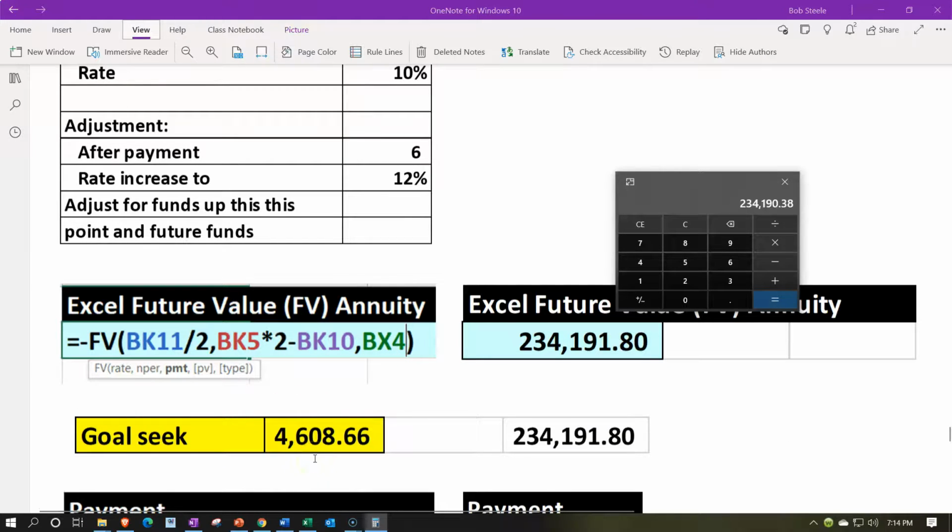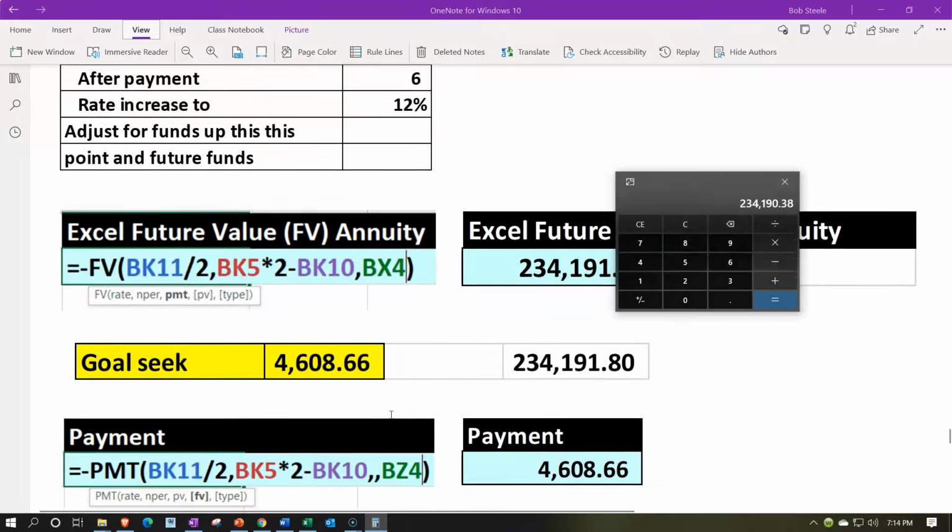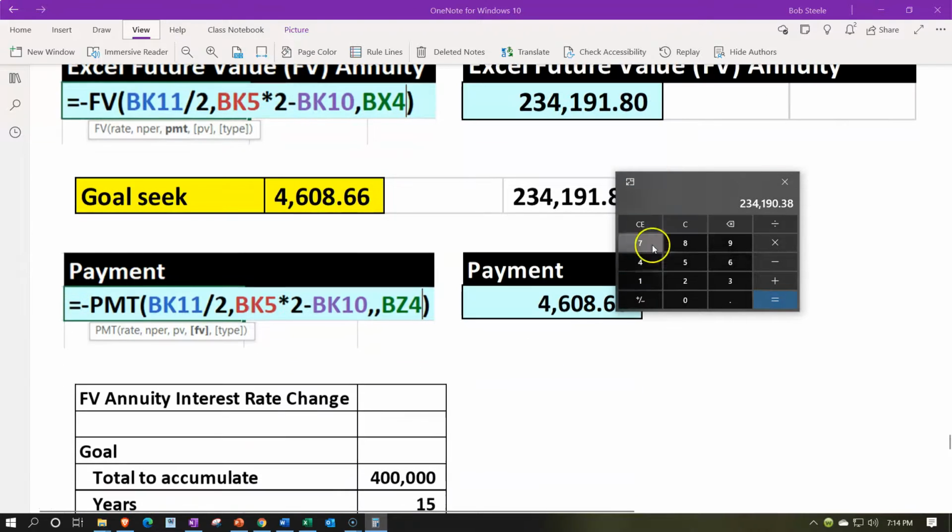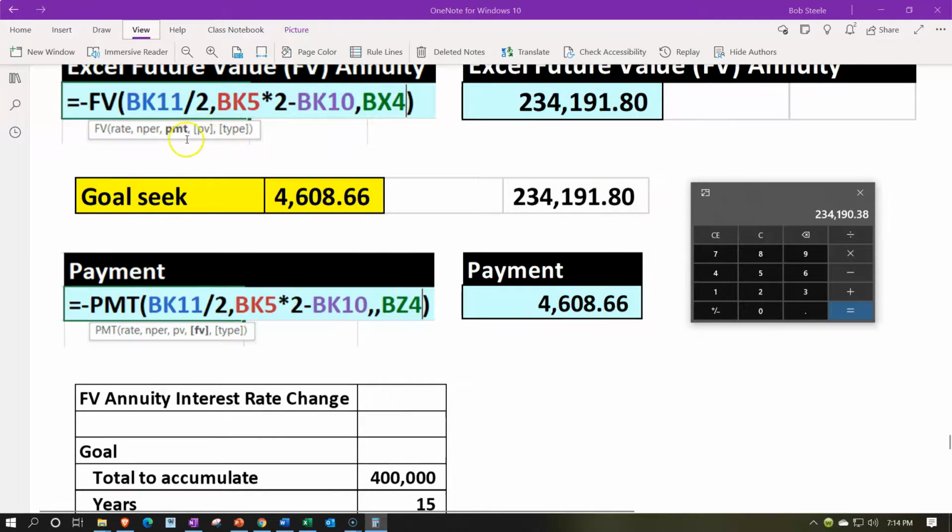If we start off with, say, 1,000, then we can use GoalSeek to say, hey, look, I would like to set Excel, please make the end result number be this number by changing that cell, and it will then use trial and error in order to do that very quickly and pick up the proper number. Or you could say, hey, I'm really trying to solve for this payment item here. Is there a payment formula?